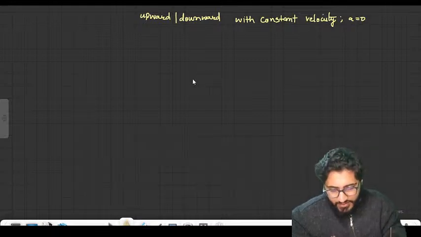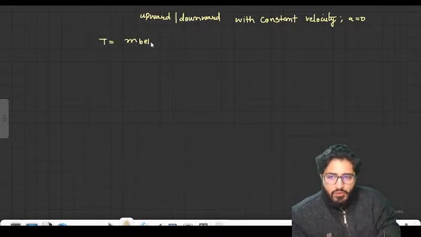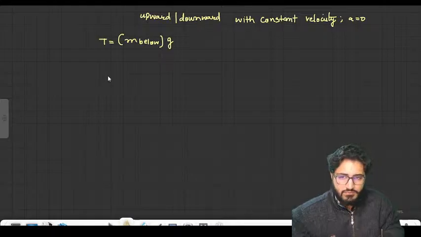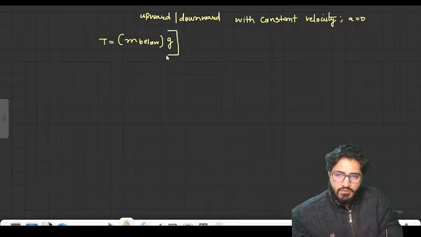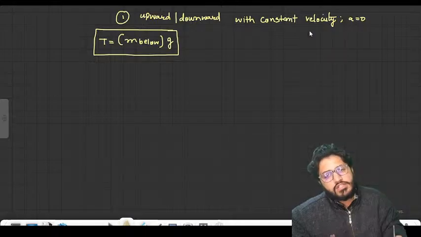So the formula is the same: T equals mass below into g. So this is used if moving upward or downward with constant velocity.